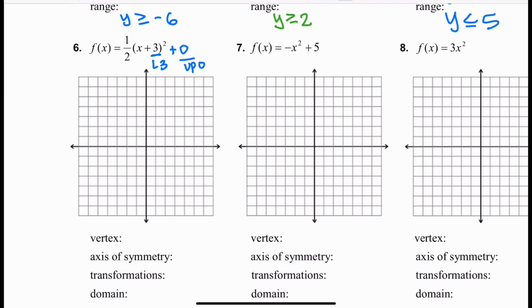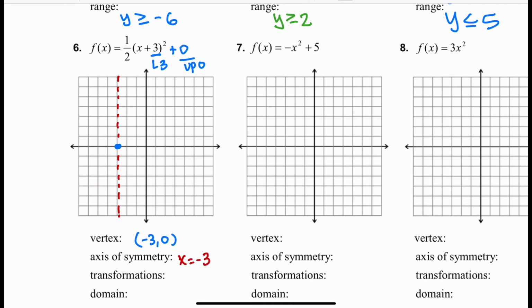So left 3, and that would be our vertex at -3, 0. Our axis of symmetry is going to go right on top of the vertex. So this would be at x equals -3.